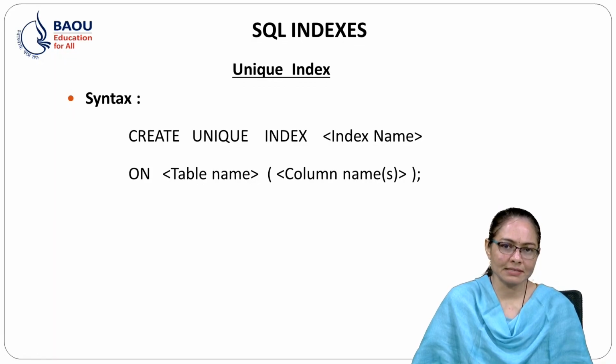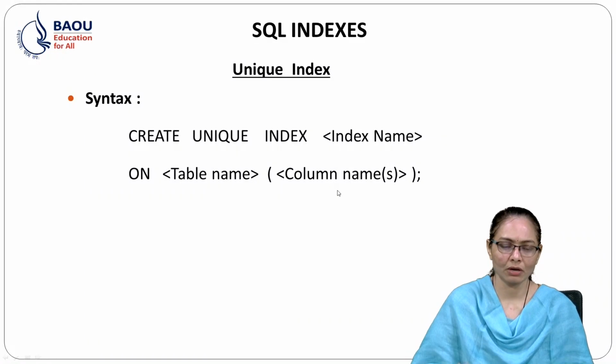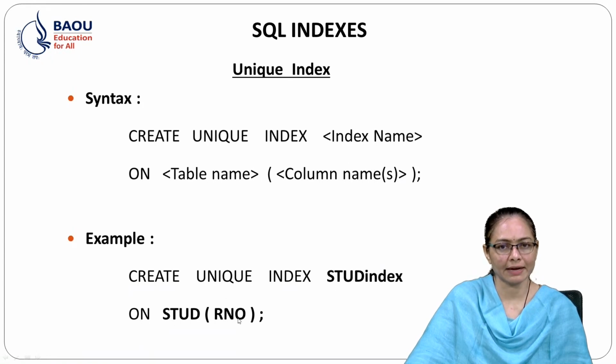The unique index is created using the keyword UNIQUE. See the syntax: CREATE UNIQUE INDEX index_name ON table_name (column_name); See the example: CREATE UNIQUE INDEX idx_stud ON stud (roll_number).